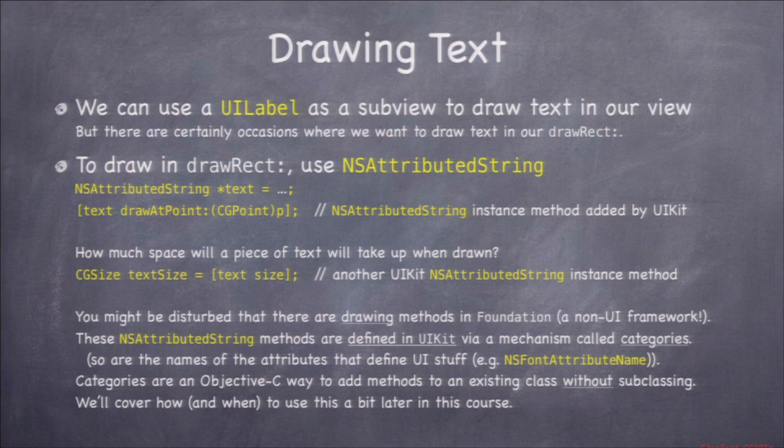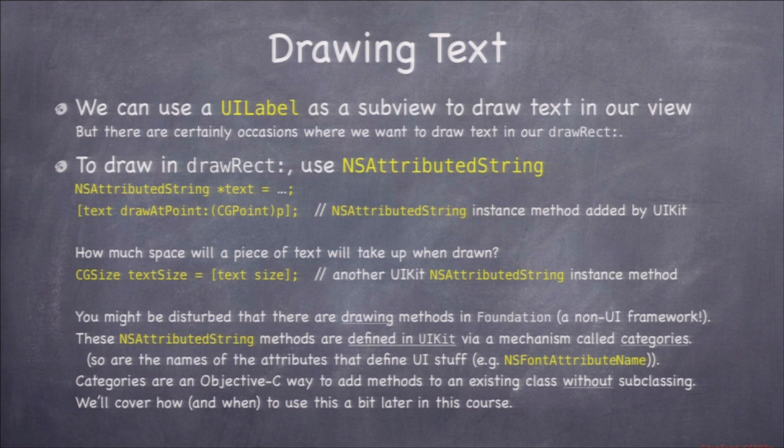And then you just send a message to that attributed string, draw at point, this point. And that will be the upper left corner of a rectangle that includes all of that attributed text. It could not be any simpler. You can also find out how much space that text is going to take by sending size to the attributed string, and it'll tell you how big it is.